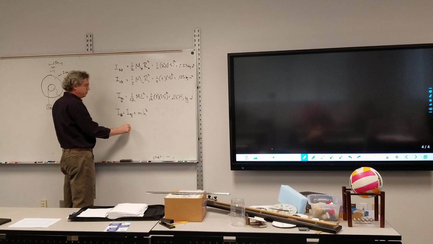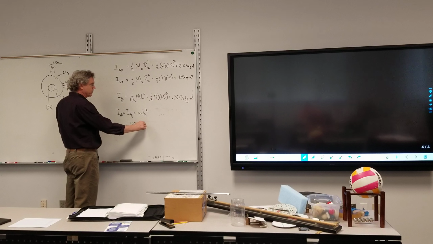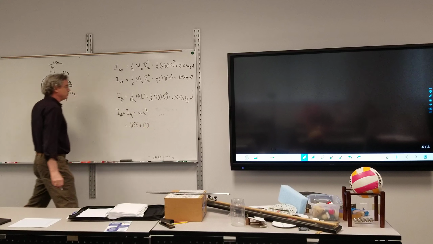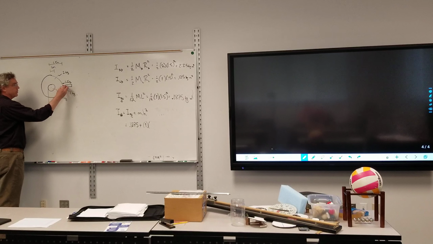So this is going to be 0.1875 plus the mass of the rod times the distance we have moved it. Well, we moved the axis from the center of the rod to the center of the discs.